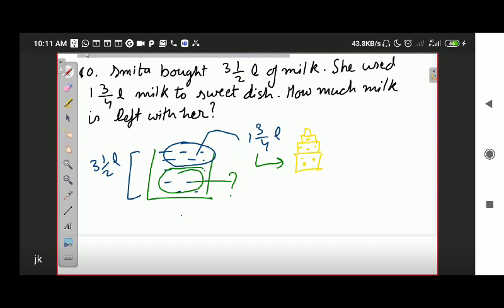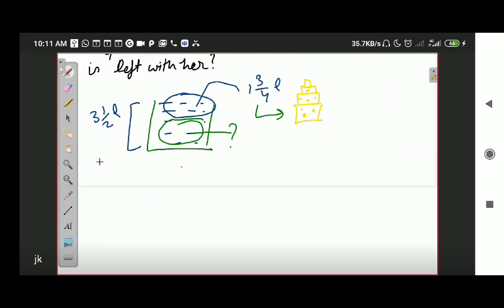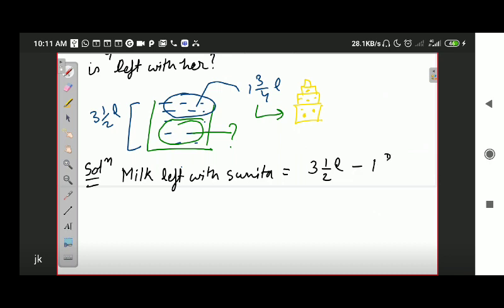So its solution will be: milk = 3.5 liters minus 1 3/4 liters.